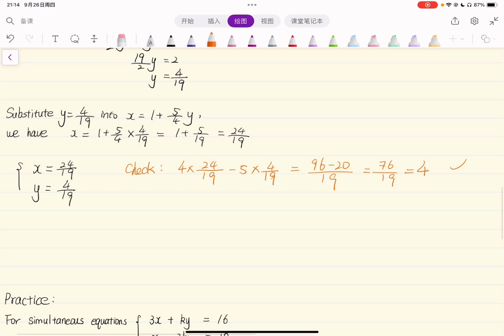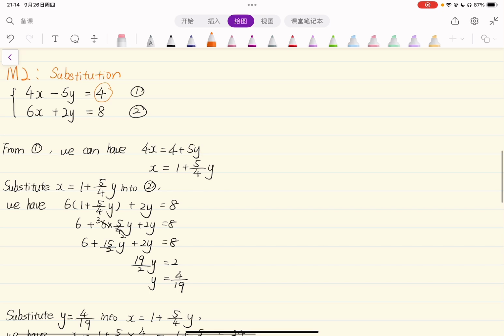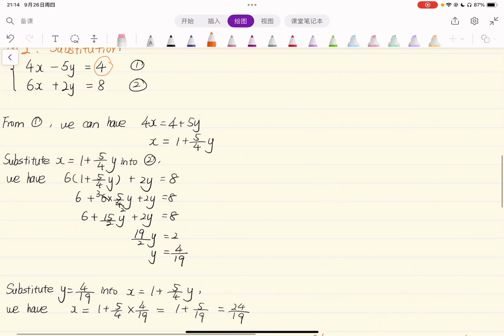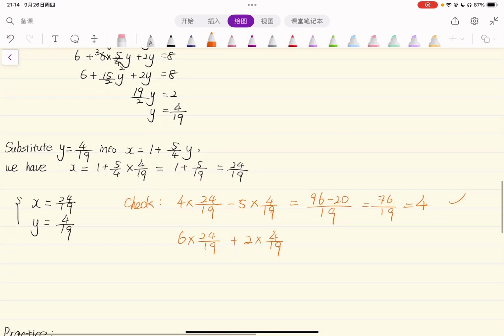For the second equation, we have 6 times 24 over 19 plus 2 times 4 over 19, right? So 6x plus 2y, we want to have 8. Now let me check.